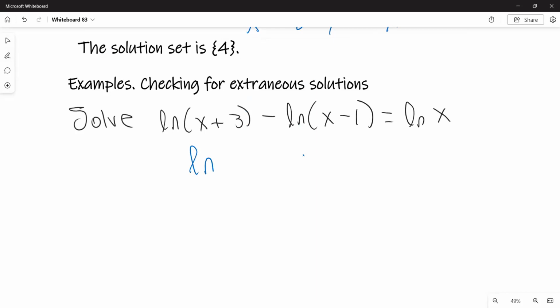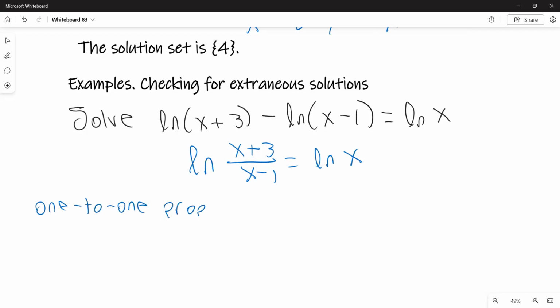So that's natural logarithm of x plus 3 over x minus 1. That's going to be the left-hand side. Equal to natural logarithm of x. And the one-to-one property says that x plus 3 over x minus 1 is equal to x.